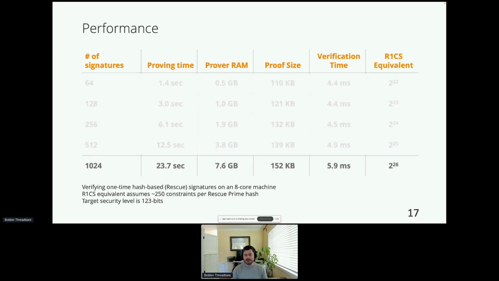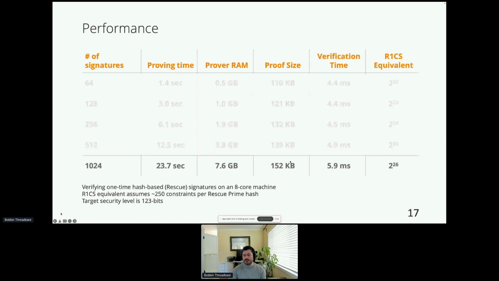You can say, there are these public keys, and I verified 1,000 signatures, and you can trust me by looking at this proof. And as I mentioned, verification time is fairly fast. It's about 6 milliseconds for verifying this proof. The proof is fairly large, not very large, but it's about 150 kilobytes, and you can flex it.